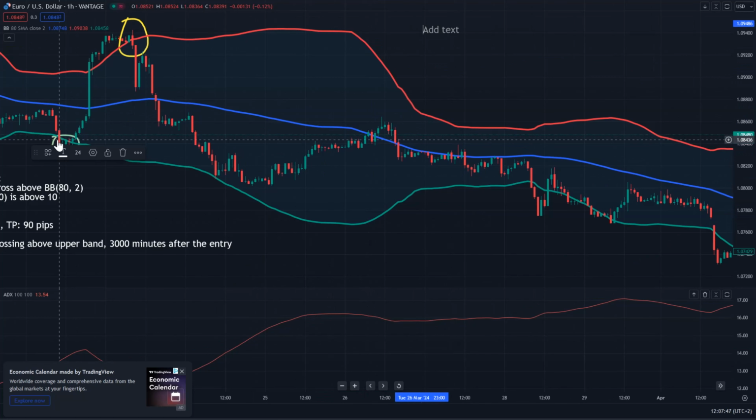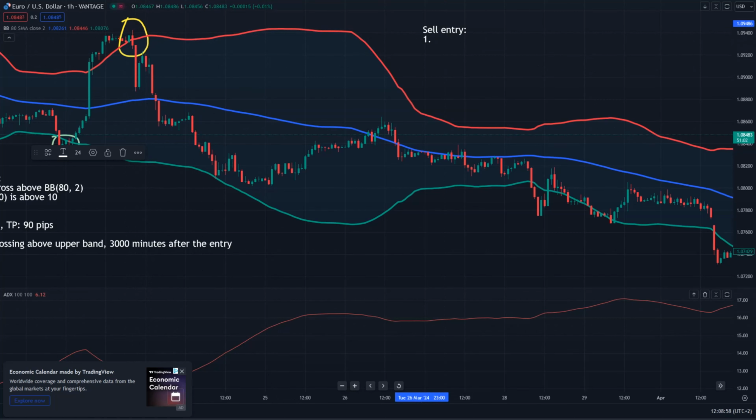It is very simple. You need the 80 period Bollinger bands and the ADX, that is 100 period. And when the price is crossing below, not above, the upper band of these Bollinger bands, you are taking a sell trade. Let's just write this little thing here that I usually do.